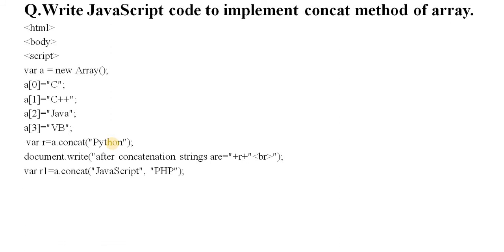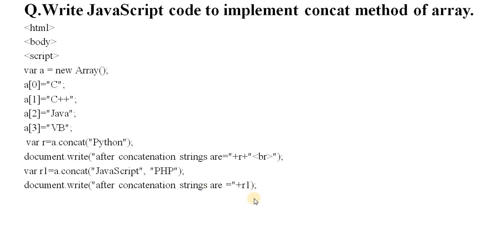Next, I am taking another variable, that is var R1 = a.concat, and here I am passing the two values or the two strings, JavaScript and PHP, and displaying this result on a web page by using the write method, that is document.write. After concatenation strings R plus R1, means variable R1.